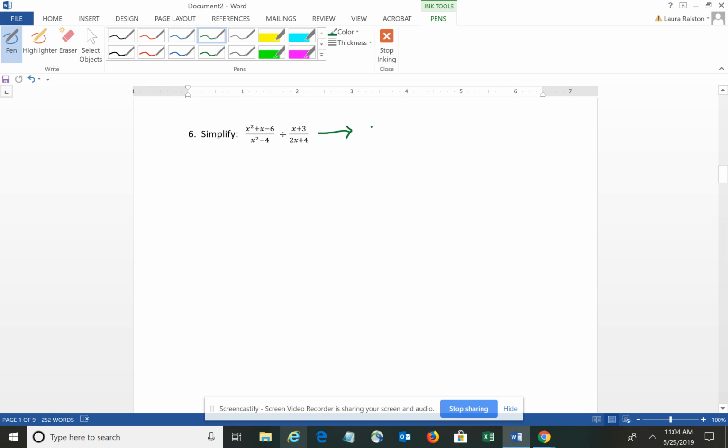We take the reciprocal of the divisor, which is the second fraction, and then we turn it into a multiplication problem. To take the reciprocal, you basically flip it over. You invert it so that it becomes x squared plus x minus 6, all divided by x squared minus 4, times 2x plus 4 over x plus 3.